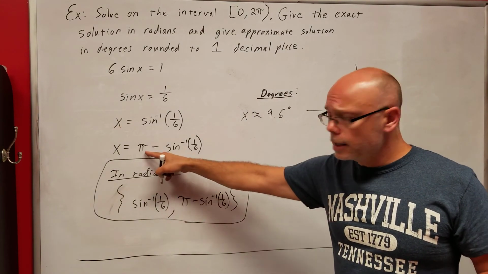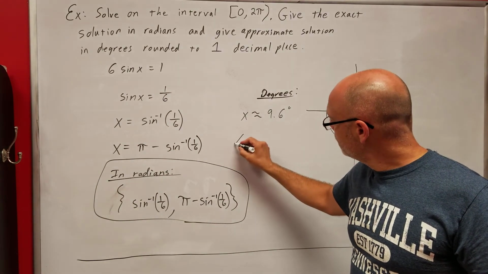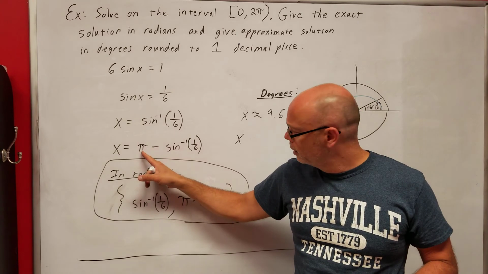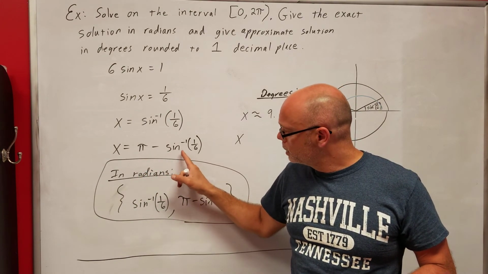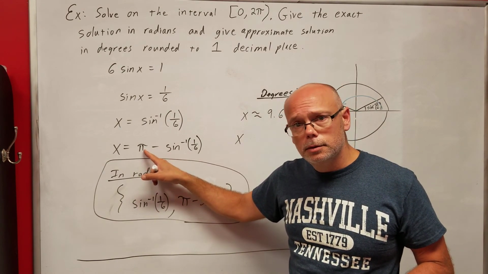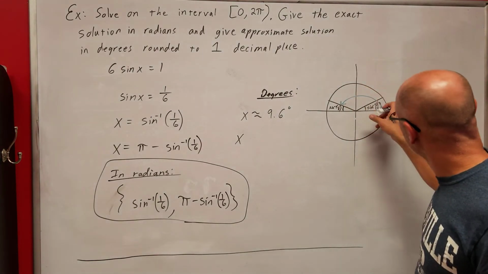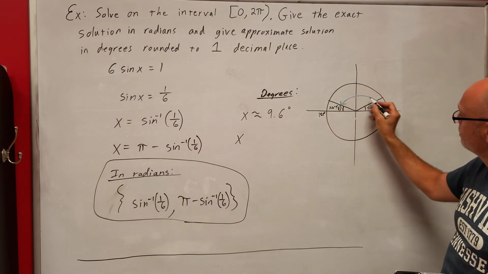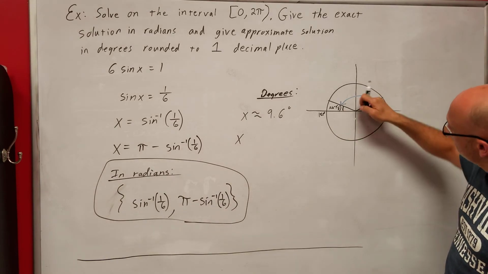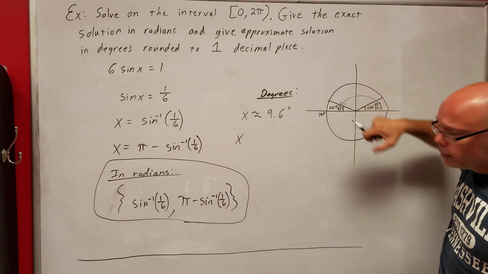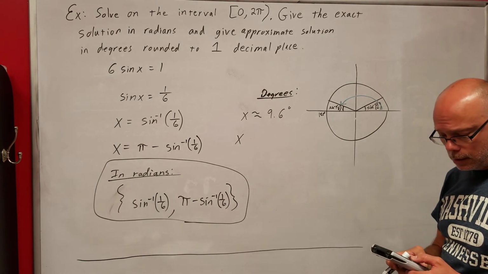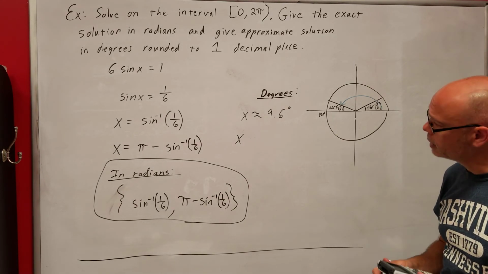And how about this angle right here? If I'm looking at degrees, what do I need instead of pi minus inverse sine of 1/6? I need 180, right? Because if we're looking at degrees now, we're 180 degrees here. So this blue angle right here is going to be 180 back off inverse sine of 1/6. So let's put in 180 minus the inverse sine of 1/6.